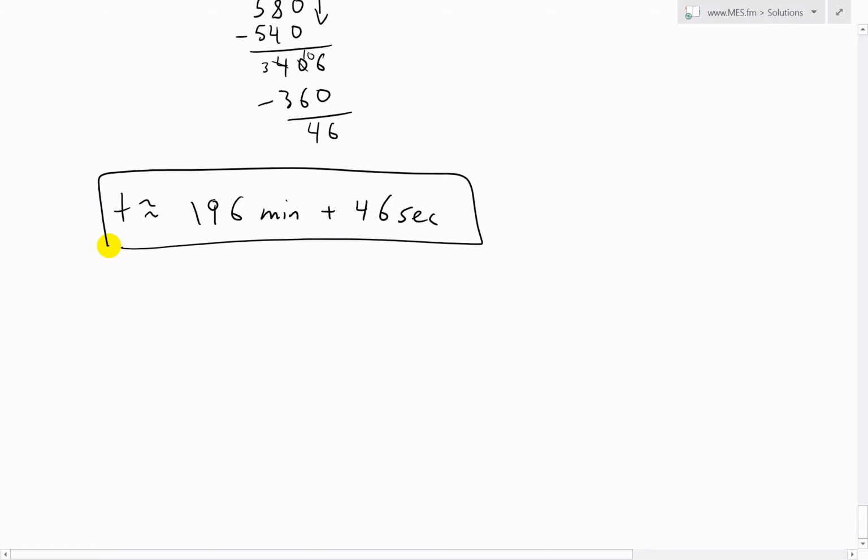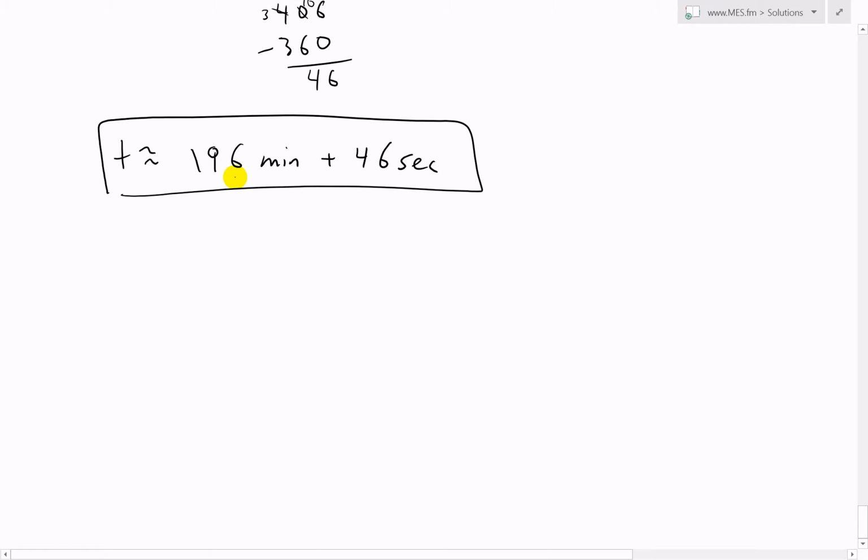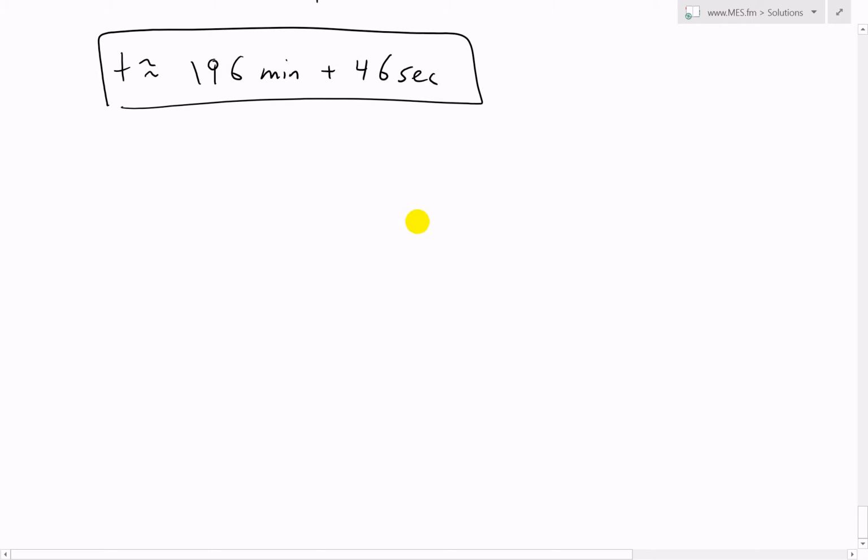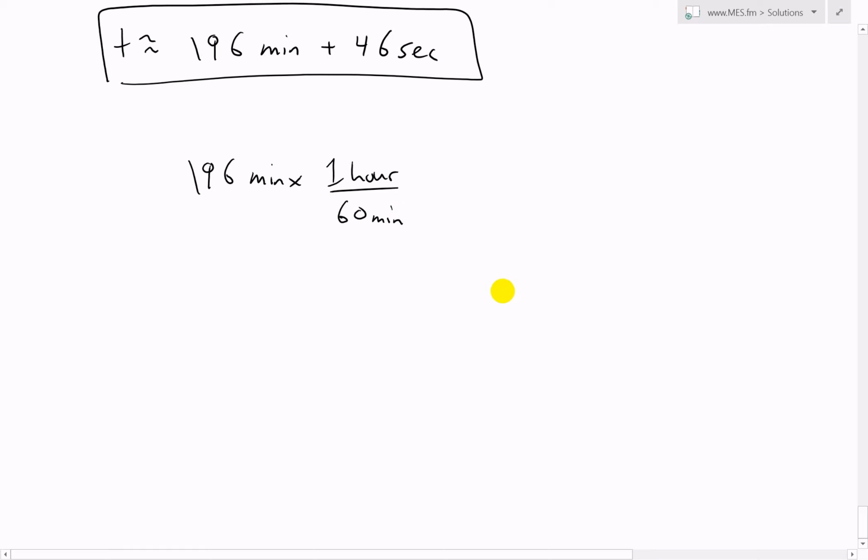That's another way of writing it, but let's just write this in hours, so we can write this 196 into hours. And again, so 196 minutes times 1 hour over 60 minutes. Again, a conversion. This one we don't need to do the long division.